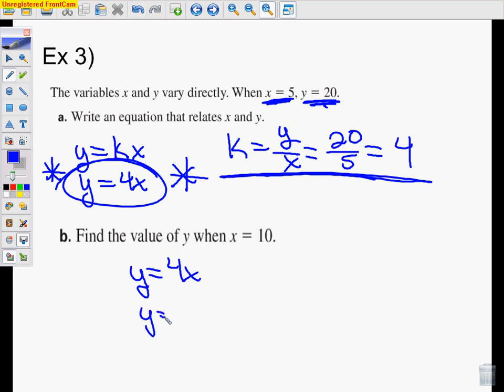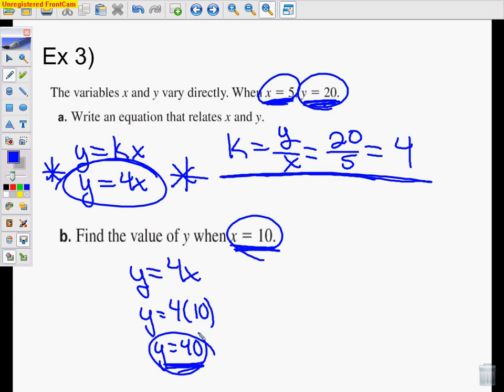Y equals 4 times x. Well, in this problem, now they want us to make x 10, so 4 times 10. And we know that 4 times 10 is 40. So when x is 10, y is 40. That's another example. Like 5 and 20 was an example, 10 and 40 is an example.